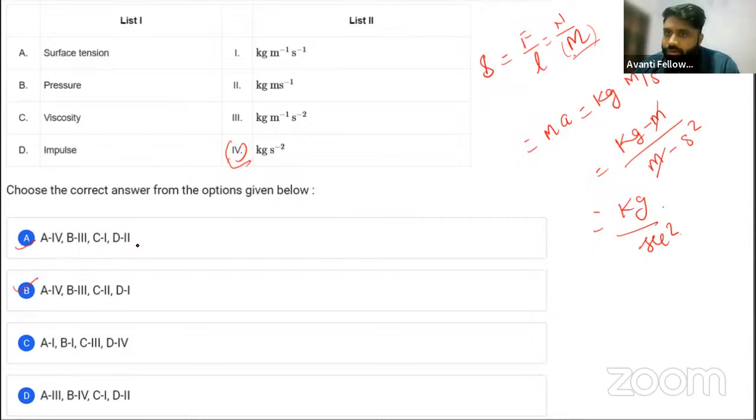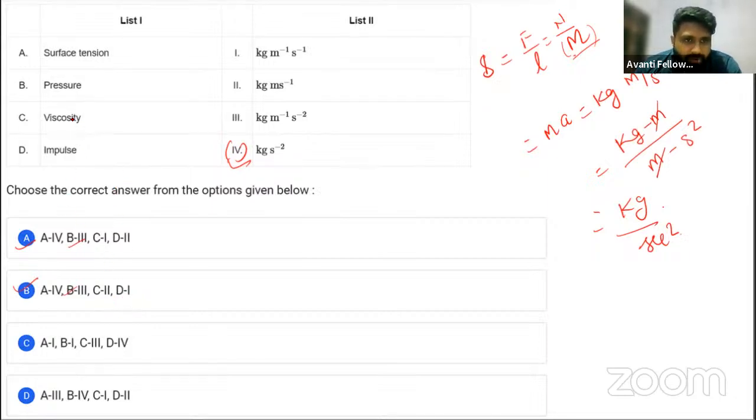If you go according to your logic, then you do not need to apply the formula and concept. So B should have option 3, then you only have to find C and D, and in that you just have to find one of them. If you find C as 1, then definitely D will be 2, because in this option D cannot be 1.